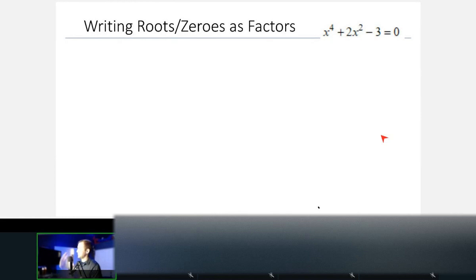Ooh, Isaiah says graph it. Yes, let's all graph it. Go to Desmos and let's graph this to see what happens. All right, let's graph it real quick. And, somebody, once you graph it, what does the graph tell you?